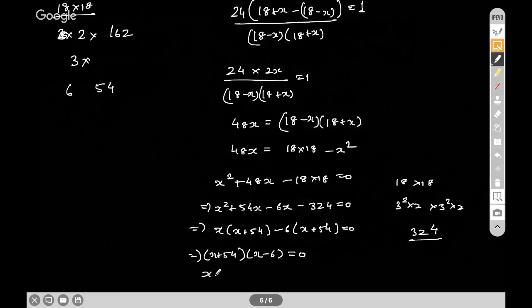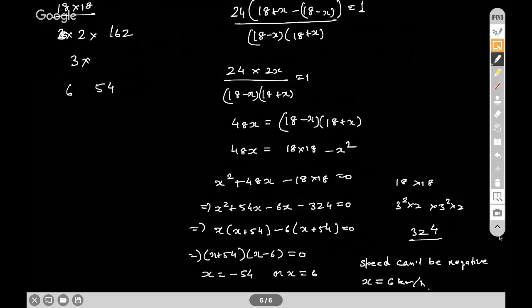So either x equals negative 54 or x equals 6, but speed cannot be negative. So the solution is x equals 6 kilometers per hour. This was asked in the 2014 CBSE paper.